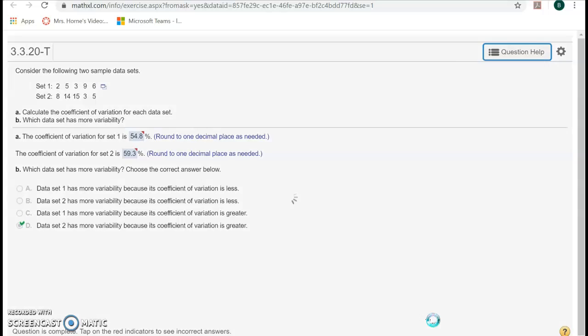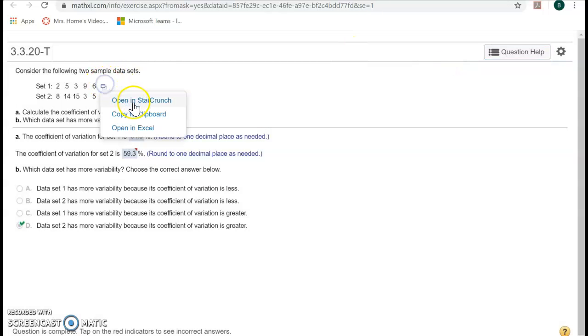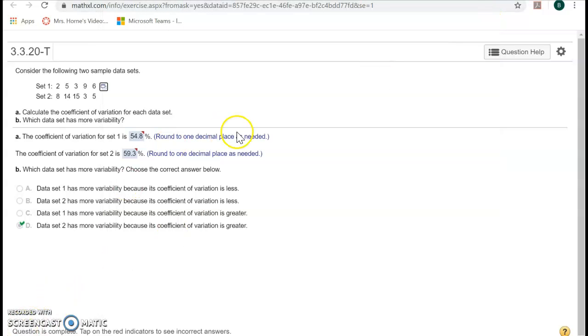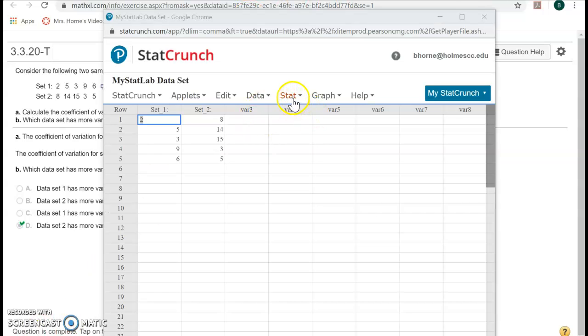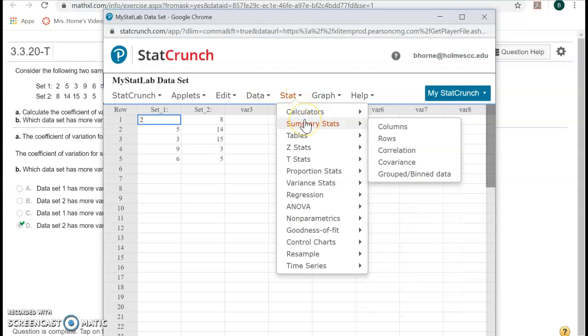Since I have time, I'll show you how to get, let's see if I can pull this up real quick. So if you open in StatCrunch, I'm going to pause it for just a sec. Okay, so if you go to Stat, I believe you can do, let me try Summary Stats.